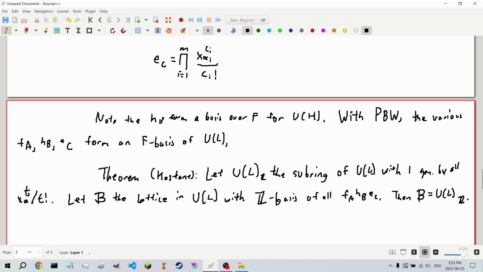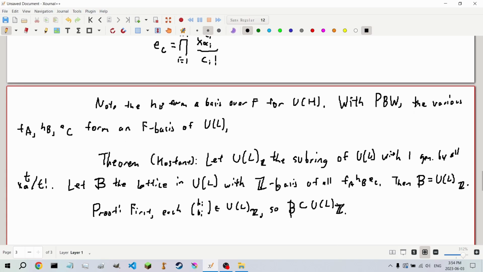And the proof. So, first of all, we know that each h i choose b i lies within U L Z. So our fancy B lies within U L of Z. Now the reverse direction is the tricky part.